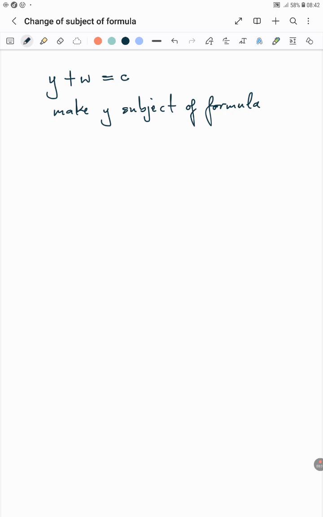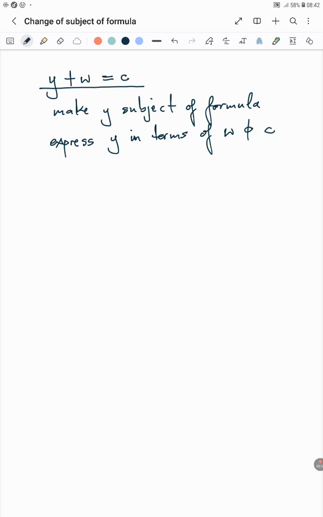In other words, they are saying express y in terms of w and c. So this is the equation that we have.